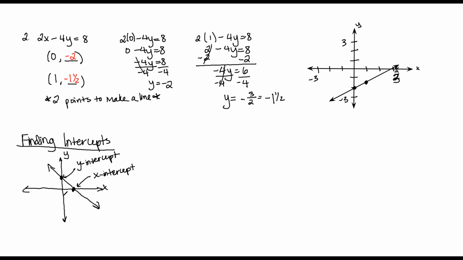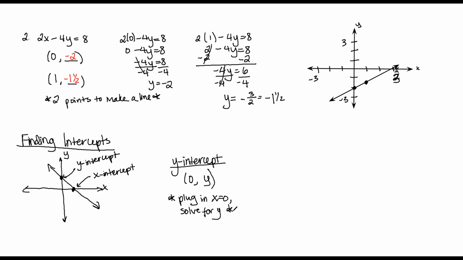And so in general, our y-intercept, since it's always going to be on the y-axis, our x-coordinate will always be 0 because we haven't gone left or right at all. But we could have gone anywhere up and down. So it's going to be the point 0 for x, then whatever the y-coordinate is. And so in order to find the y-intercept, since we know x is always 0, we can plug in x equals 0 and then solve for y.